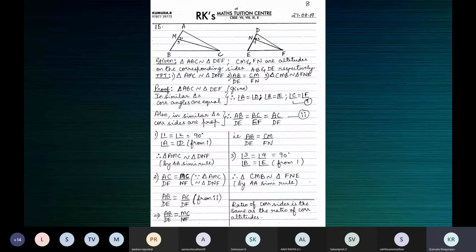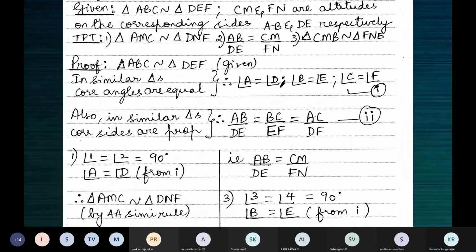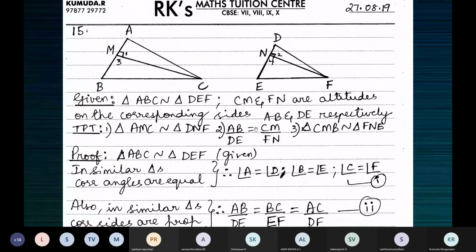Now, one of you unmute yourself and tell me how will we prove that this triangle is similar to this one. As triangle ABC is similar to triangle DEF, angle B is equal to angle E, ma'am.